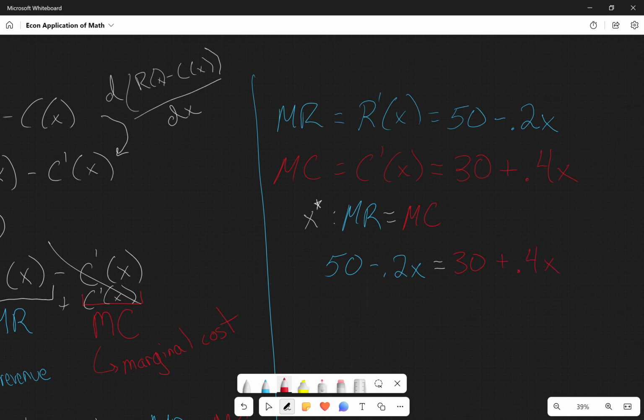We're going to group like terms. Well, actually, that's more confusing than anything. We're going to subtract 30 from this side. This 30 annihilates. This becomes 20.